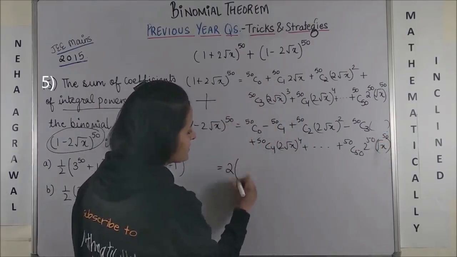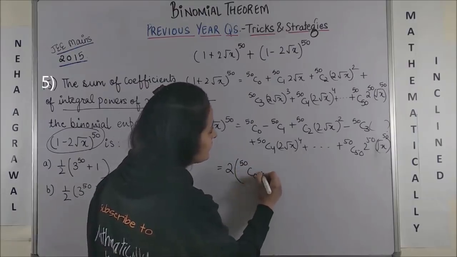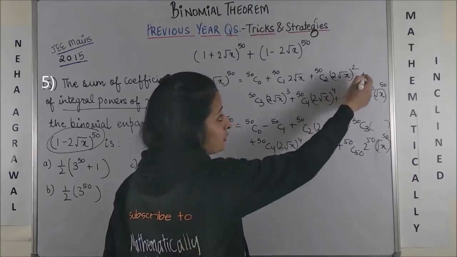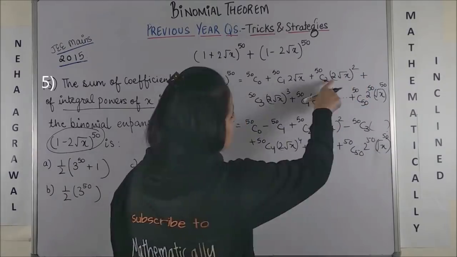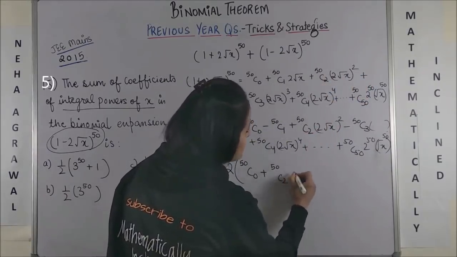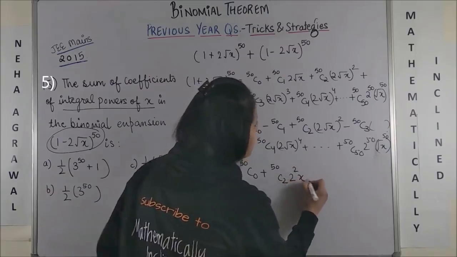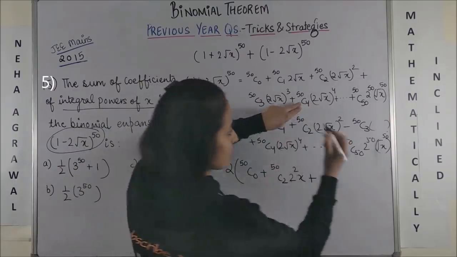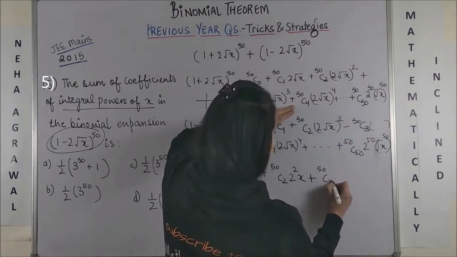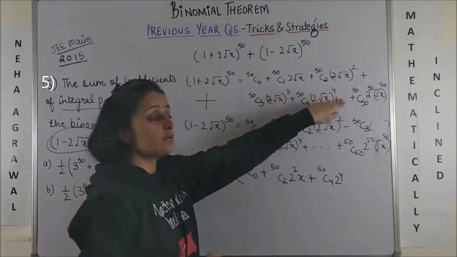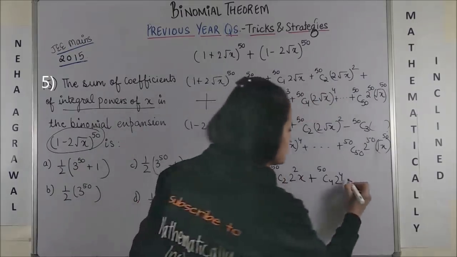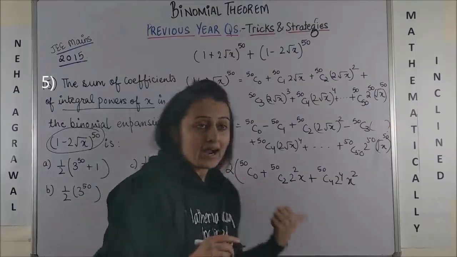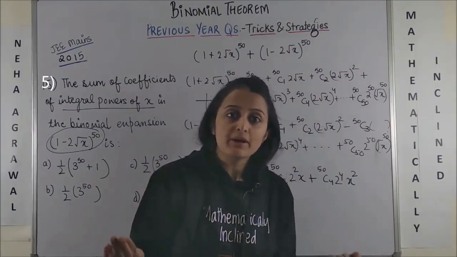Please see, this gives us twice of 50C0 plus twice of 50C2 (2√x)^2, so this would make it 2 square into x, plus 50C4 gets added because the 50C3 term gets cancelled. So 50C4 2 raised to power 4, square root of x raised to power 4, makes it x square.